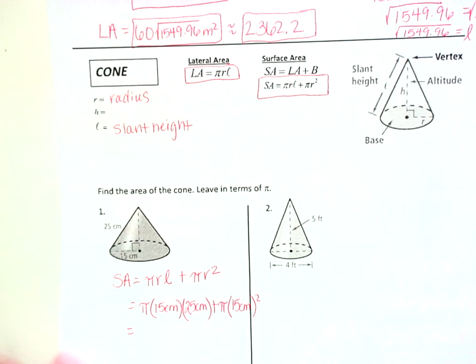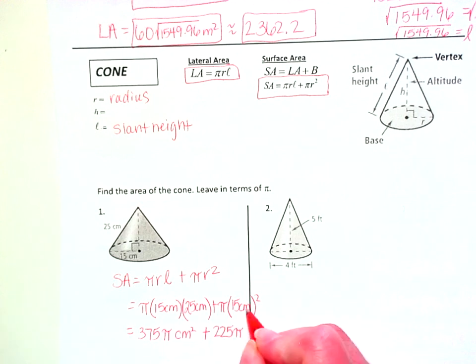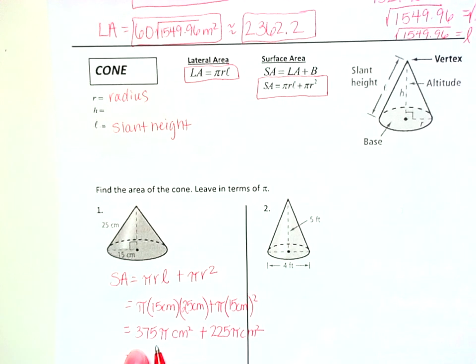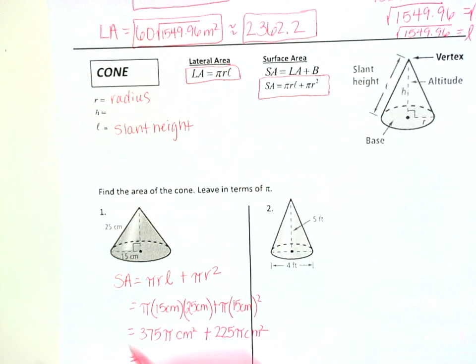So 15 times 25 is 375. I'm going to put a pi next to it. Centimeters times centimeters is centimeters squared. And then 15 squared is 225. I'm going to put a pi next to it, and then centimeters squared. And then I can add those together. Those are like terms. 375 pi plus 225 pi is 600 pi.